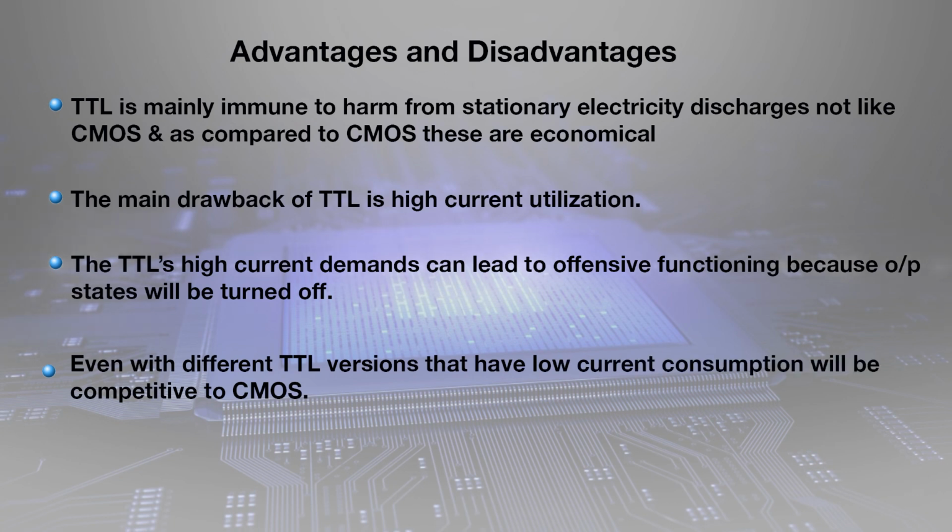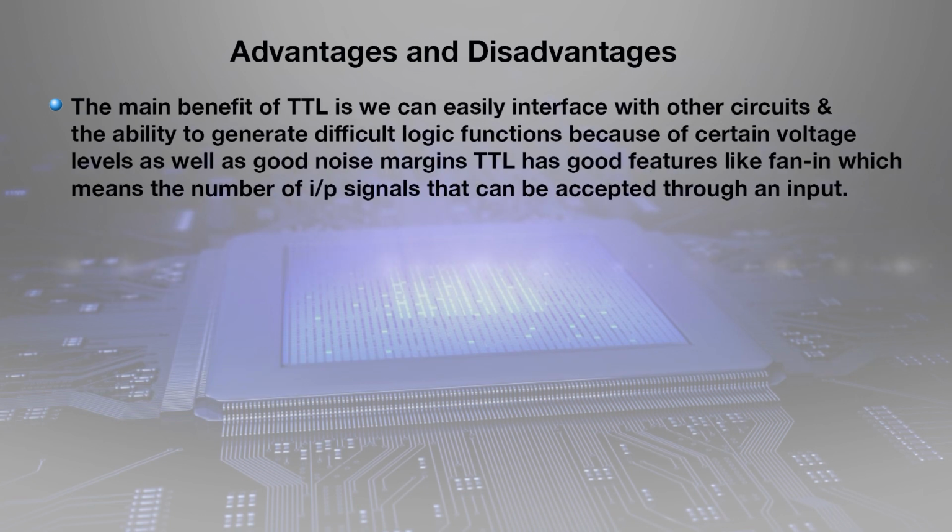Different TTL versions that have low current consumption will be competitive with CMOS. The main benefit of TTL is that we can easily interface it with other circuits, and generate different logic functions because of its voltage levels as well as good noise margin.